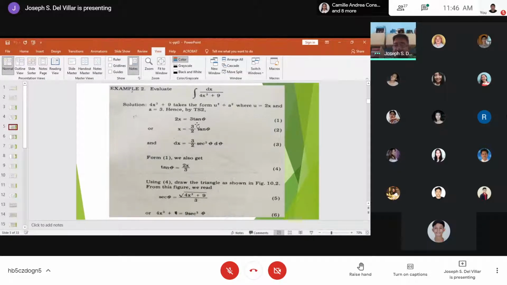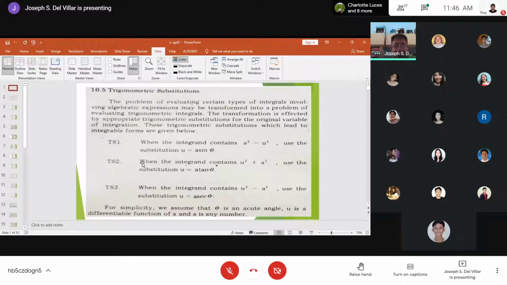Okay? So, ito na yung substitution natin. 2x is equal to 3 tangent theta. Saan to galing? Doon sa formula. Ito siya. Formula doon sa second one na kapag mayroong u squared plus a squared, let the substitution be u is equal to a tangent theta. No? So, let u be equal to a tangent theta.